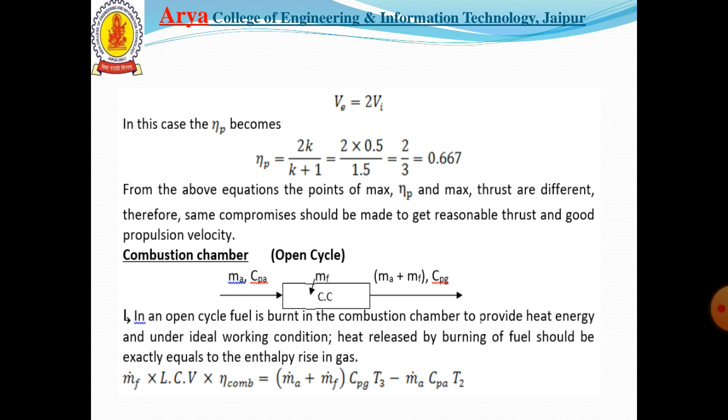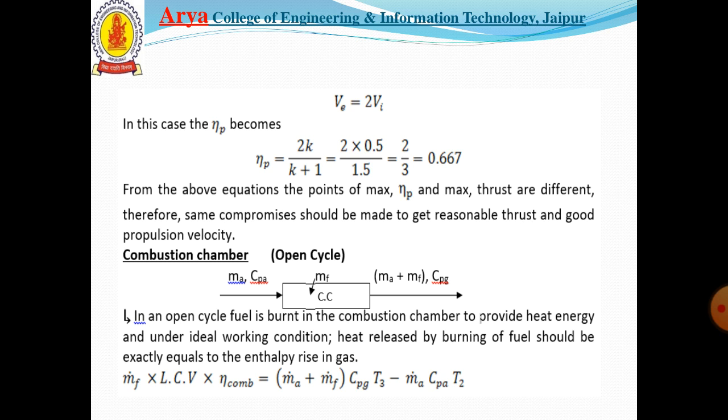In the combustion chamber, for that open cycle case, ma and cpa are the values for the air, and mf is the mass flow rate of the fuel. After the combustion, the mass flow rate combines the mass of the air and the mass of the fuel, and the cpa becomes cpg for the gaseous mixture.